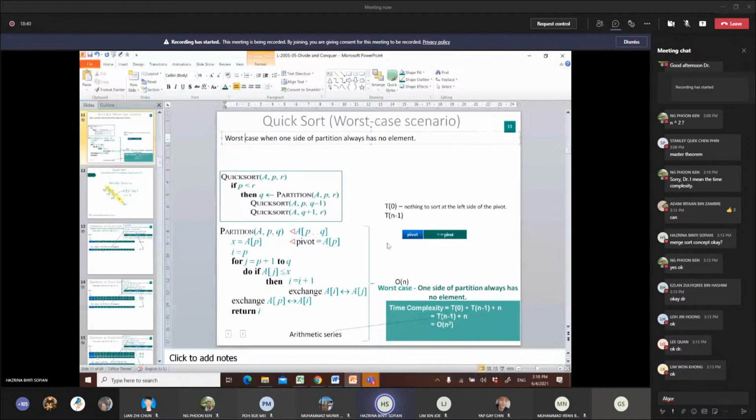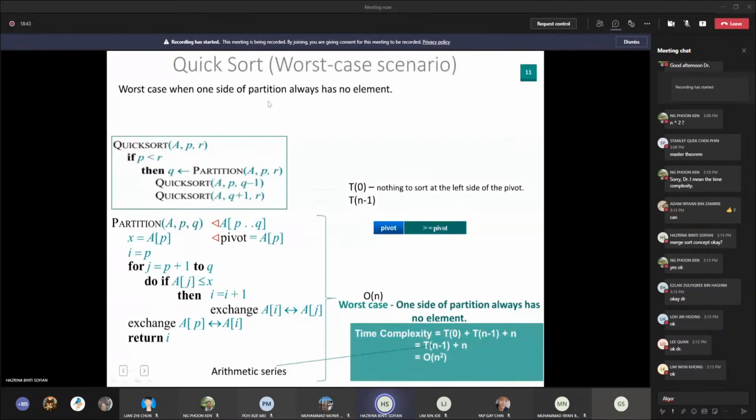So the worst case is when one side of the partition always has no element. Let's say the pivot in this example is the first element on the right. When we want to sort all these elements that are equal to the pivot or bigger, we need to sort them one by one. So the left side of the pivot is 0.